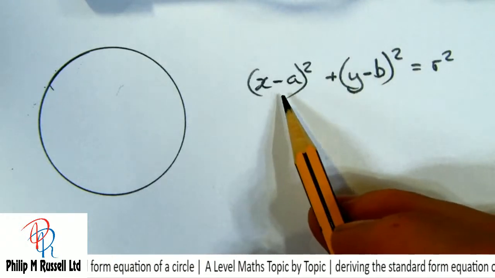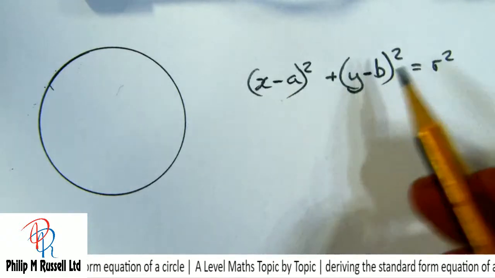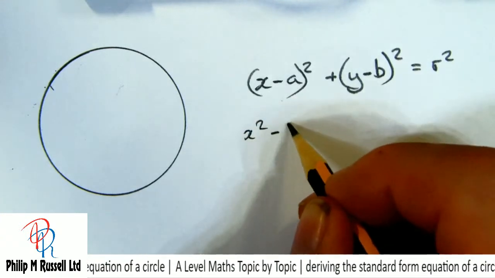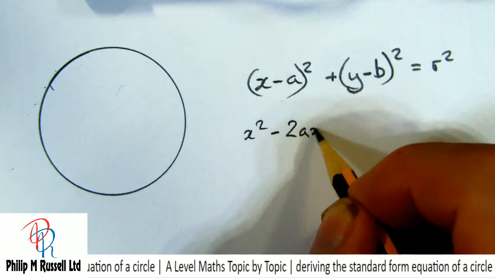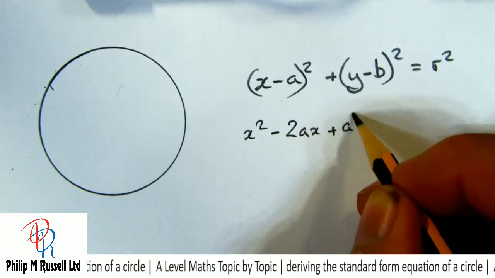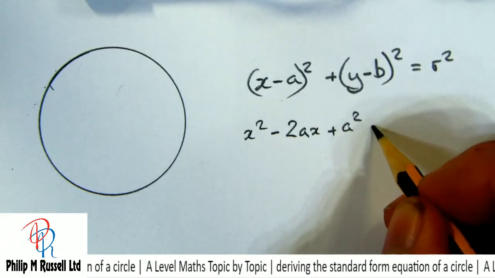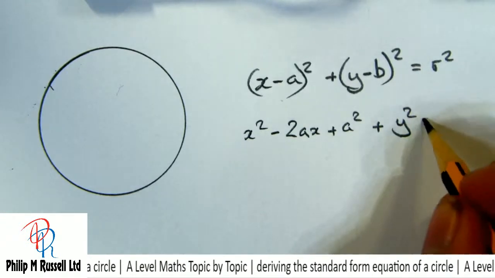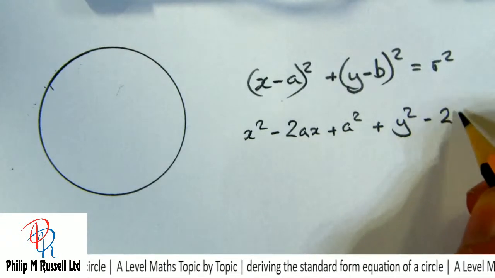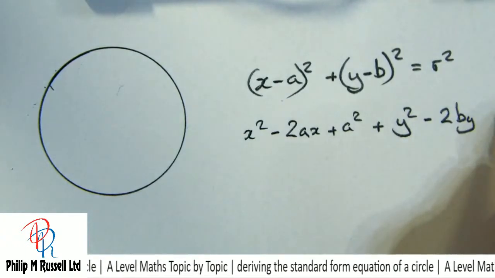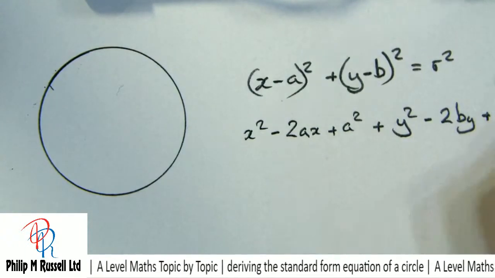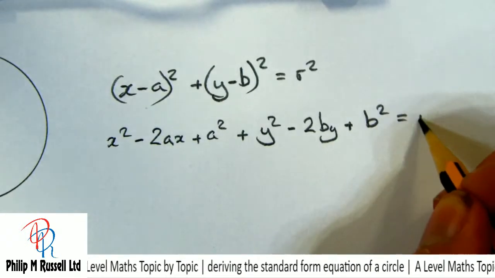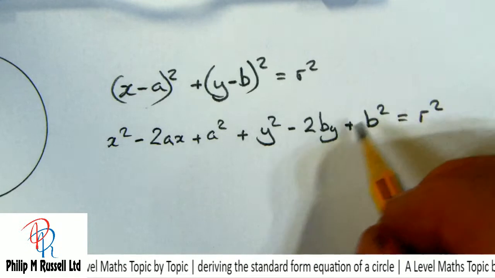Let's multiply this out and see what happens. So I've now got x squared minus 2ax plus a squared, and then plus y squared minus 2by plus b squared equals r squared.